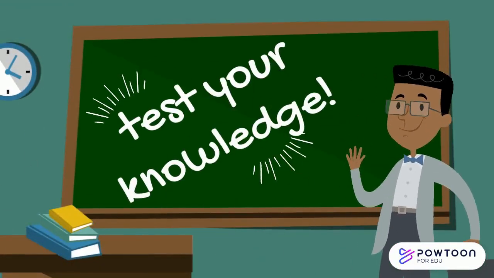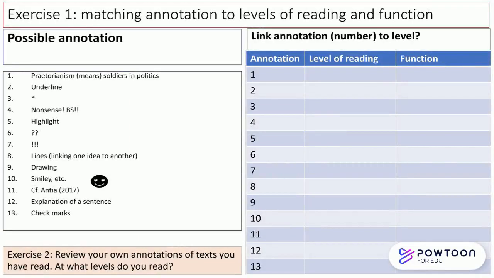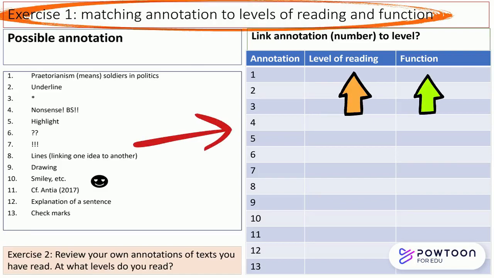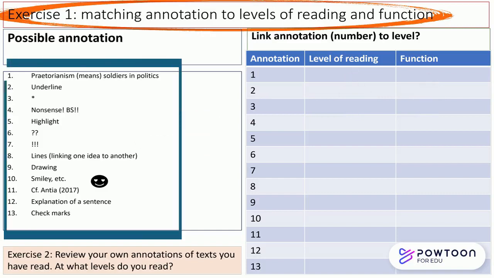Here are two exercises for you. In exercise 1, you are to match annotation to levels of reading as well as to the function of the annotations. So, to the left of the slide, you have sample annotations from number 1 to number 13.